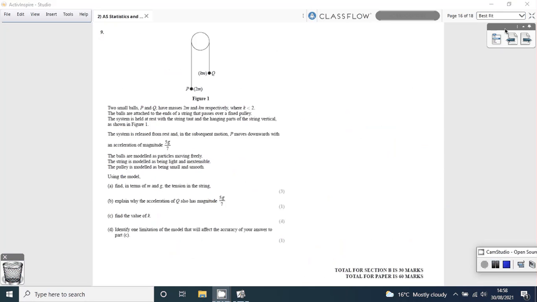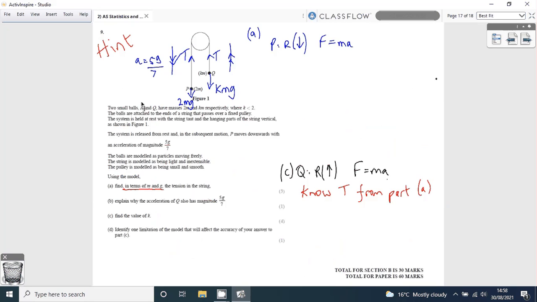Question 9. For the hint, I'm going to just draw a sketch. The key bit, whenever you have one of these pulley questions, is that the 2 weights are going downwards. Weight is mass times acceleration, so the weight here is 2mg and the weight here is kmg.